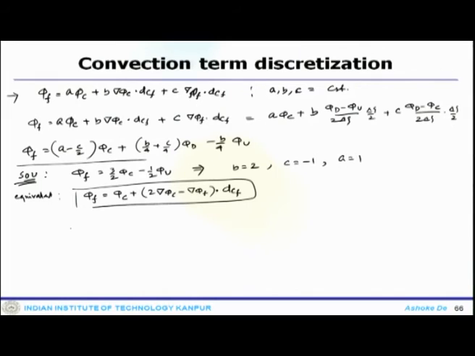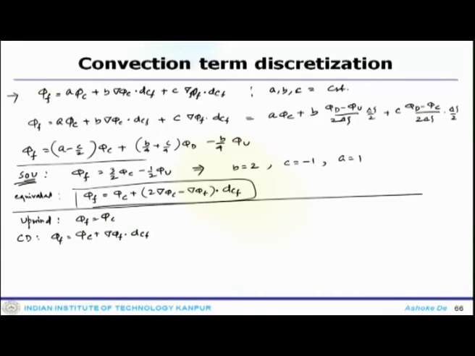So, that is an equivalent system for the second order upwind scheme. If you follow the similar procedure, one can find it for others, and I am noting down the final expressions. For upwind, it would be phi f equals phi c. For CD, central difference, it would be phi f equals phi c plus delta phi f dot d c f.